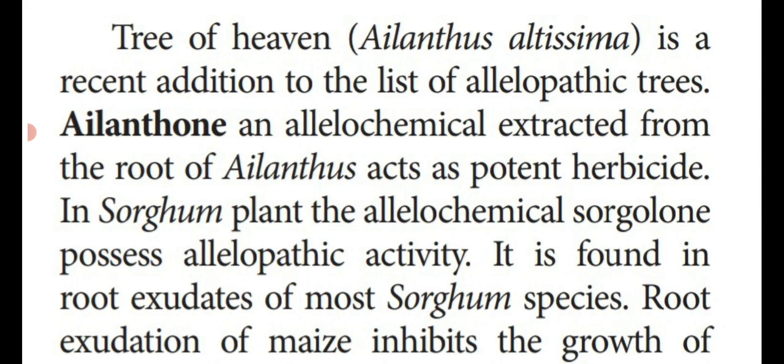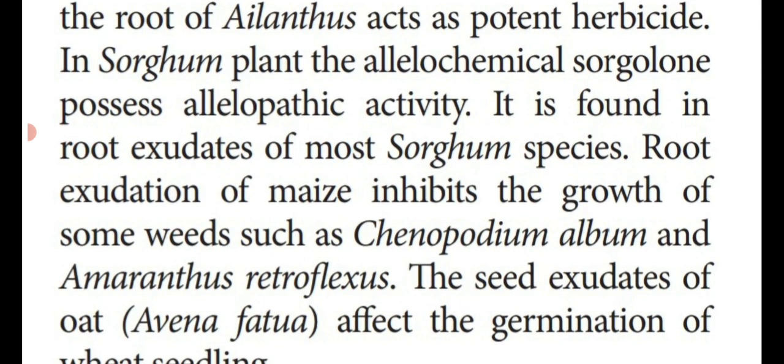In the sorghum plant, the allelochemical is known as sorgoleone. It is found in the root exudates of most sorghum species. The root exudation, that means from the root region itself, this allelochemical sorgoleone is released outside from the sorghum plant.